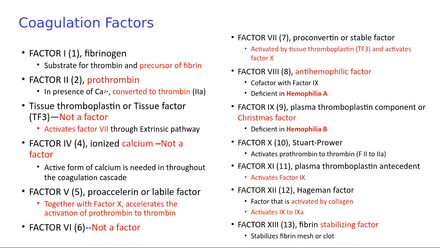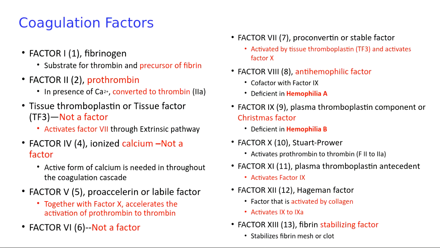factor 8 and factor 9. Because deficiency of factor 8 or deficiency of factor 9 are what lead to hemophilias. Hemophilia A is deficiency of factor 8, and deficiency of factor 9, or Christmas factor, will lead to hemophilia B. You need to be aware of those two because those are the two hemophilias that are most commonly seen.